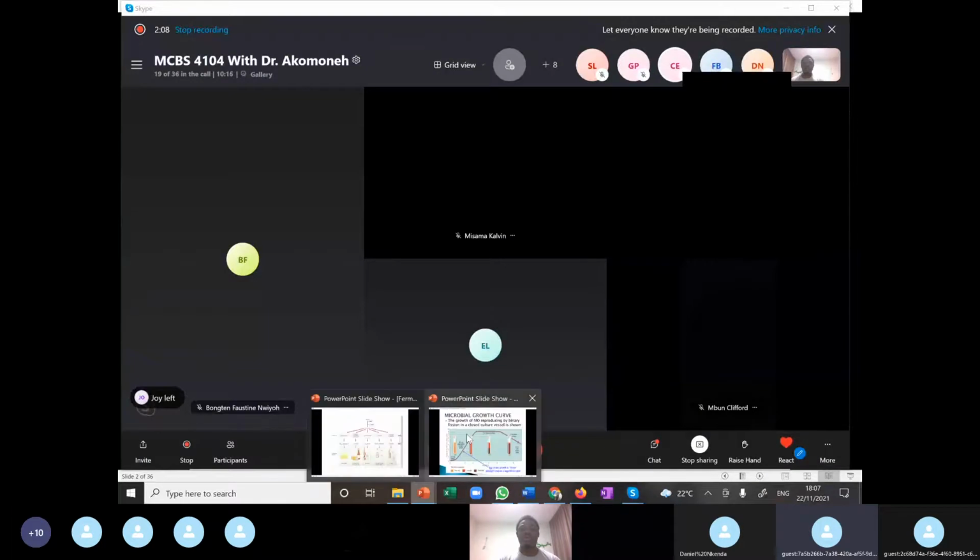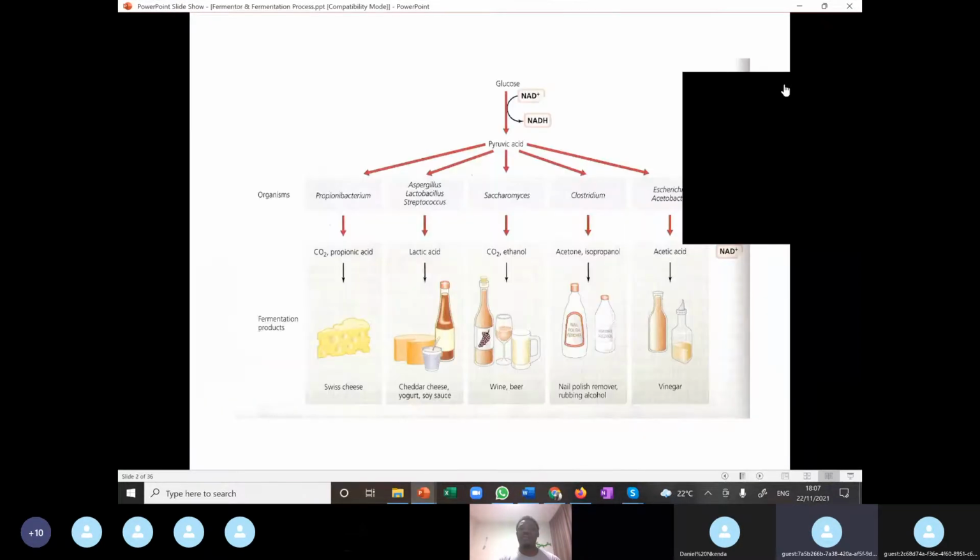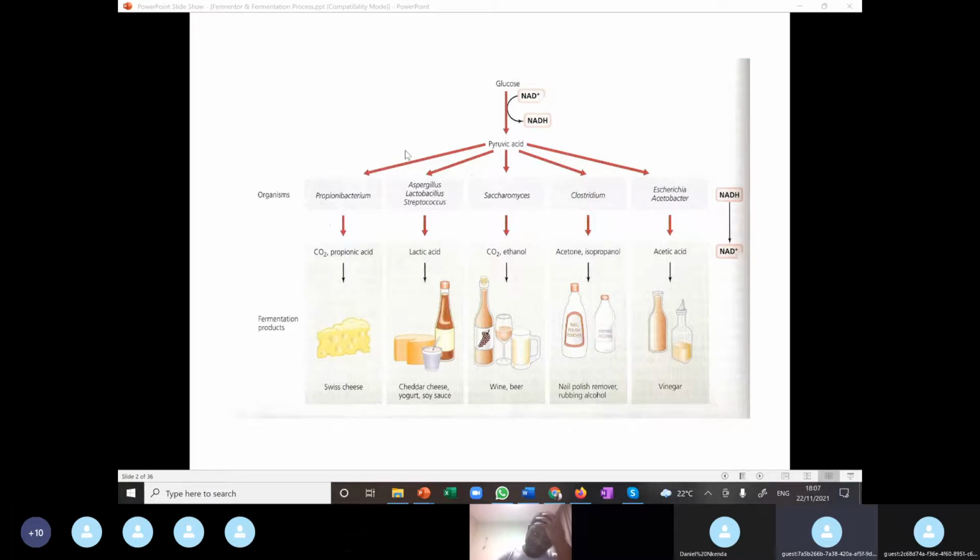So again, just to rush over, we saw that if our fermenting organism is propionibacteria, then our fermented product will be cheese.